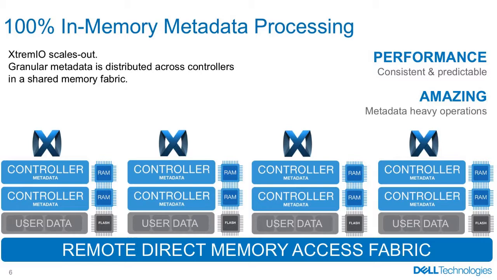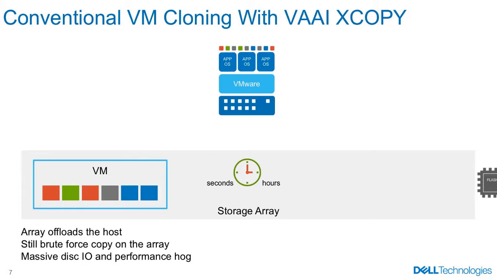Even if your host is not connected to a specific storage controller, it can still access the memory, the DNA of the data, from another controller, because they all share the memory and the performance between them via RDMA, the Remote Direct Memory Access protocol. This allows us to provide consistent and predictable performance no matter what scale.